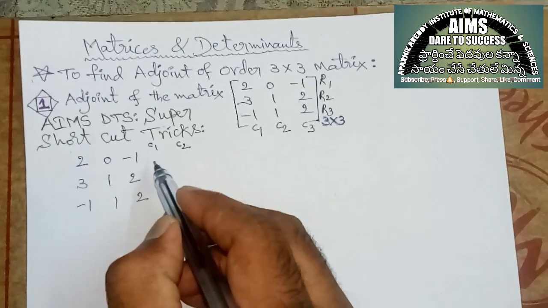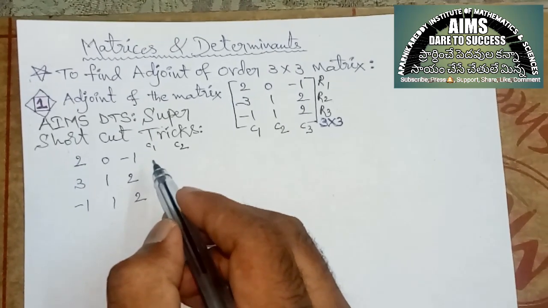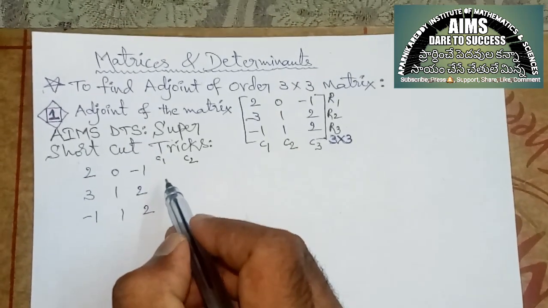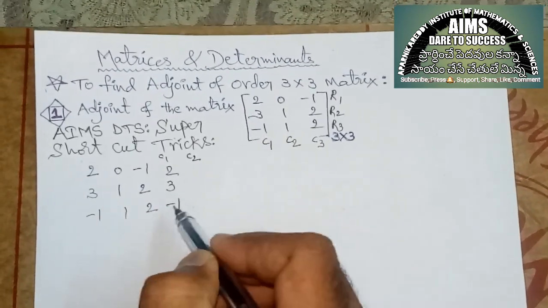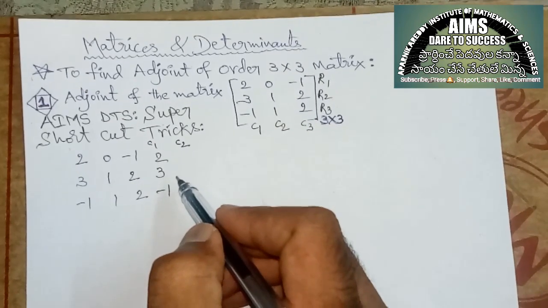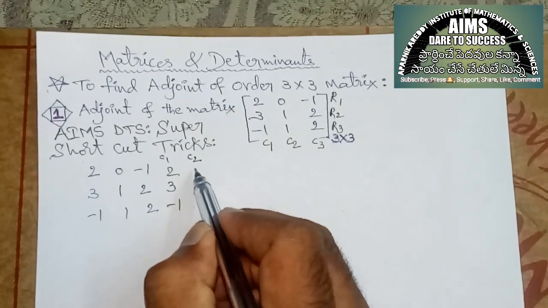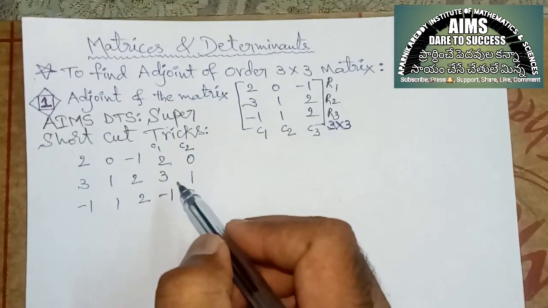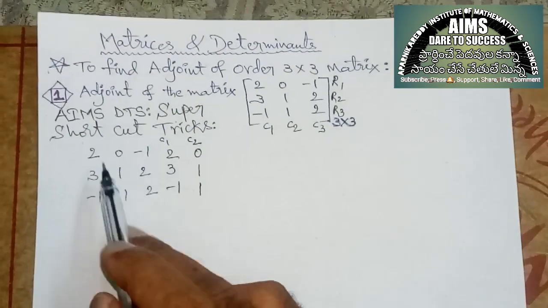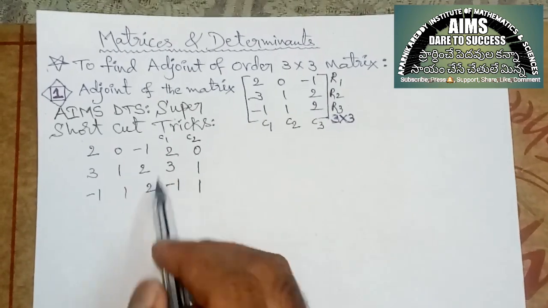Column 1 is 2 3 minus 1. Column 2 is 0 1 1. Do you understand my point, my dear friends? It is the given matrix.